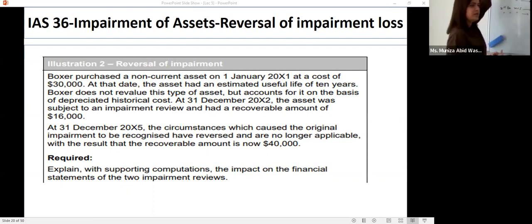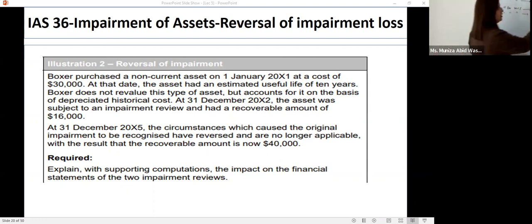Because at this time, 2 years have already passed and remaining are 8 years. So 16,000 divided by 8, per year depreciation charge has been 2,000.